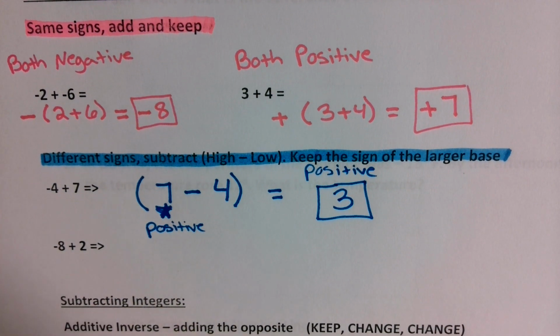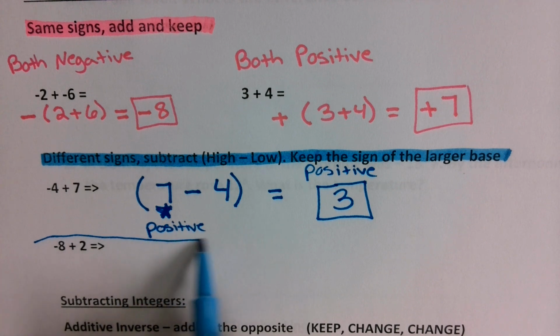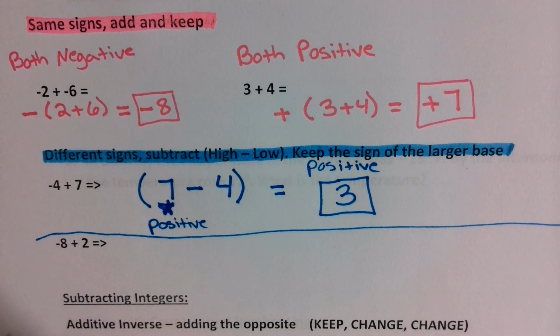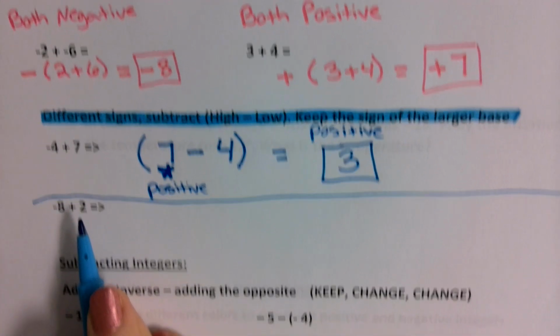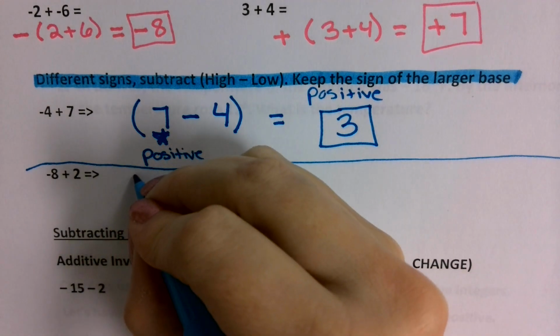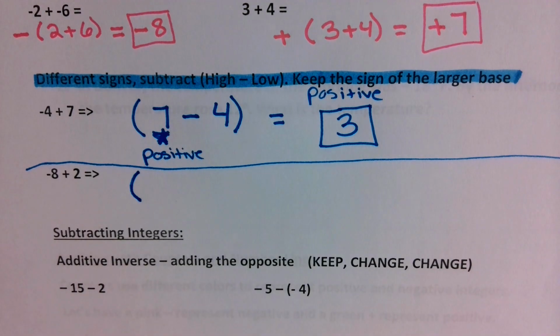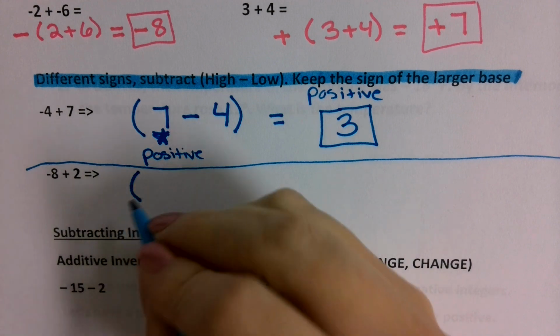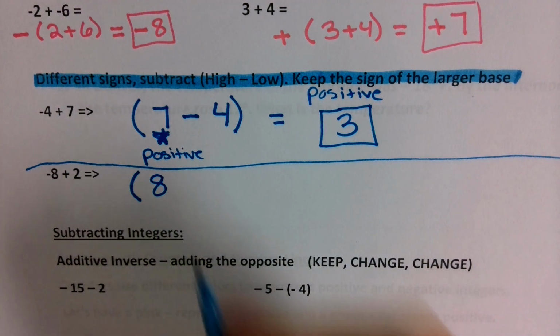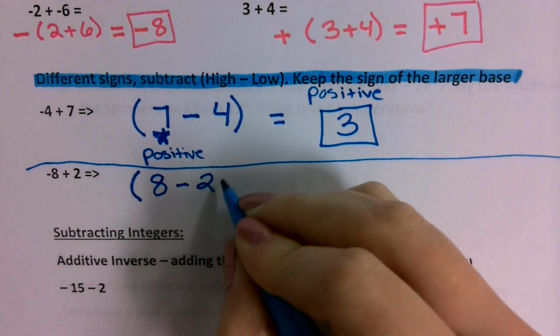Okay, if I'm looking at the second problem, I'm going to go ahead and draw a little box here. Again, I've got a -8 and a positive 2. Those are different signs that I'm combining together. So we're going to focus on doing the higher base minus the lower base. Which one of those is my higher base? 8. So we're just going to put the 8. We're not going to worry about the negative sign yet. And we're going to subtract the 2.